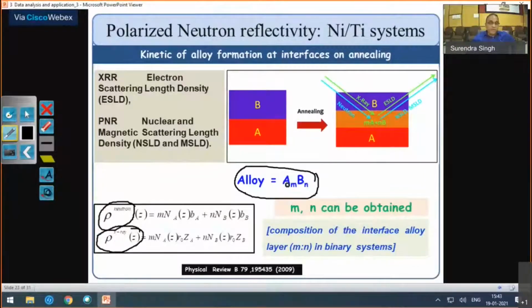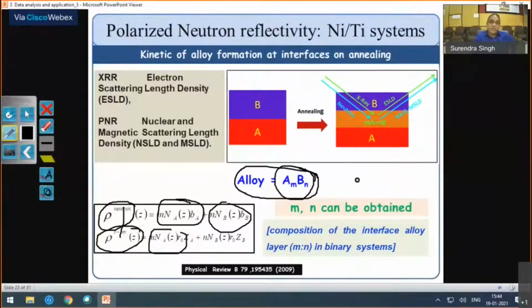If the alloy is A_M B_N, these values are obtained from the experiment. Theoretically, suppose M times element A plus N times element B for neutron, and the same for X-ray. We have two equations and two unknowns, N and M, and from this we get N and M and know exactly the composition of the alloy.